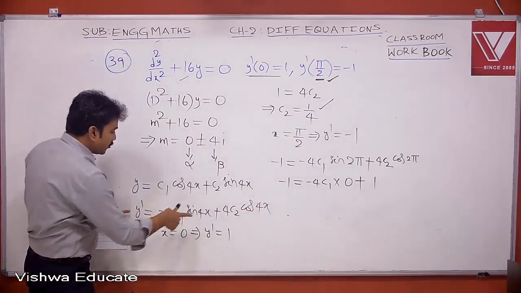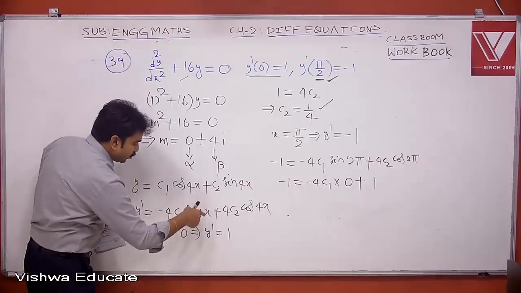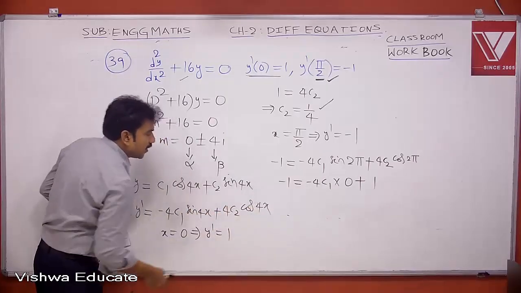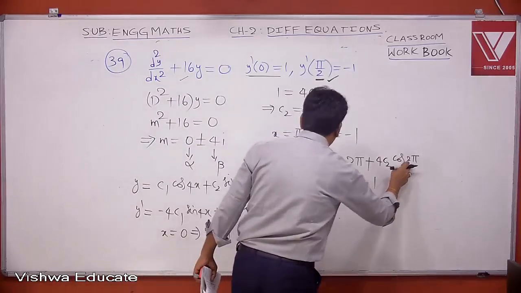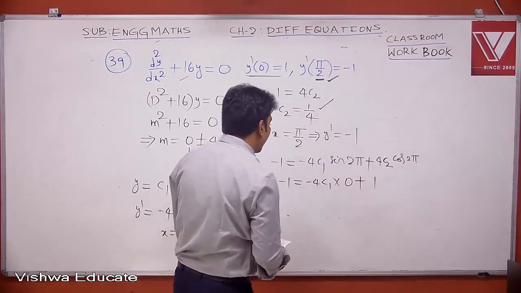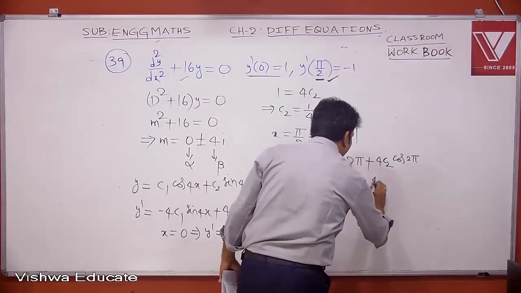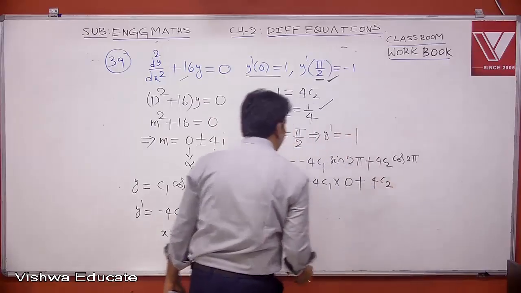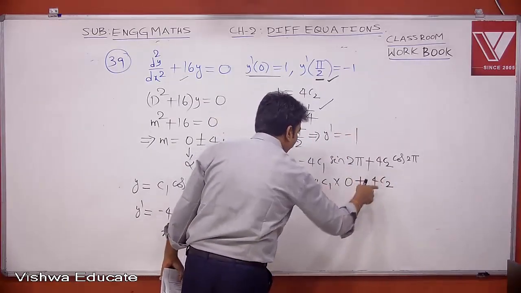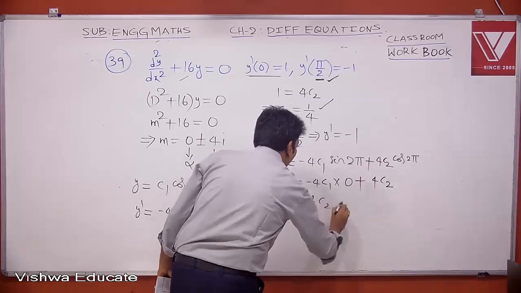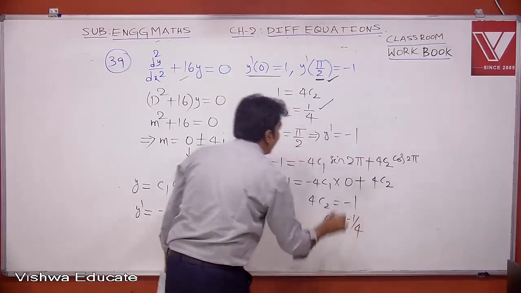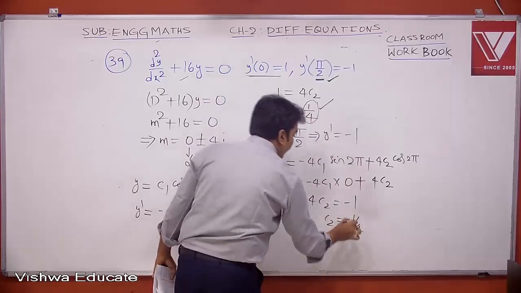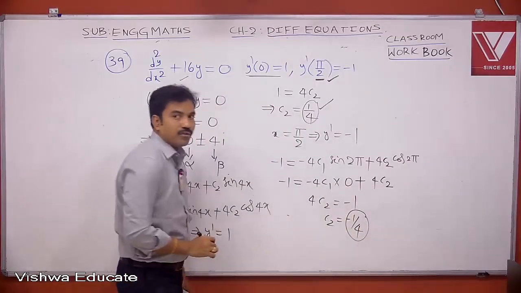Therefore when x is pi by 2, this becomes sin 2 pi and this becomes cos 2 pi. But here sin 2 pi is 0 and cos 2 pi is 1. Therefore in this case I am getting 4c1 into 0 plus 4c2. So here 4c2 equal to minus 1. So here c2 is taking multiple values. One value of c2 is 4, another value of c2 is minus 4.